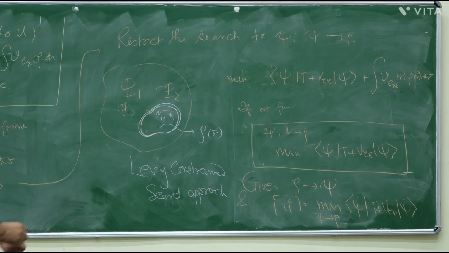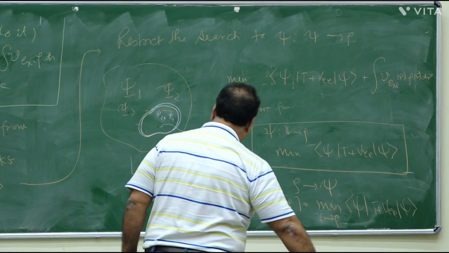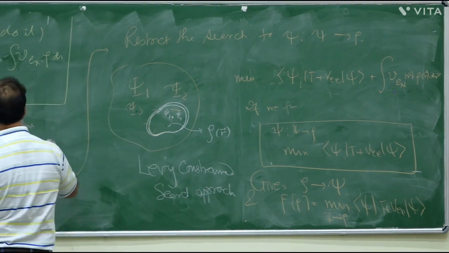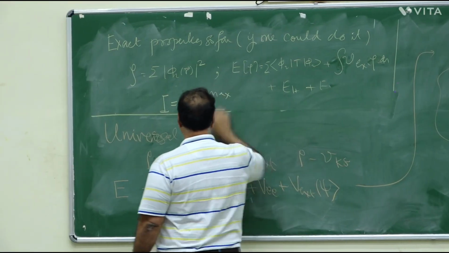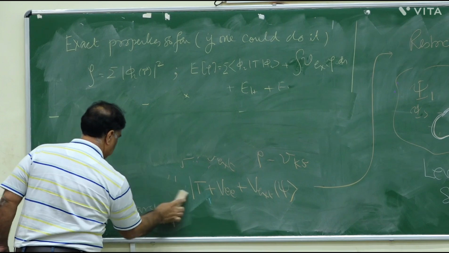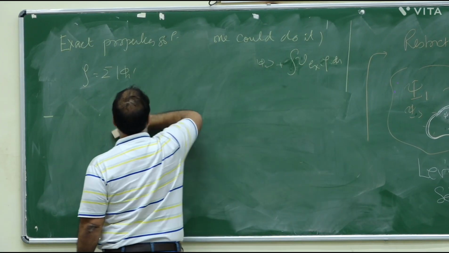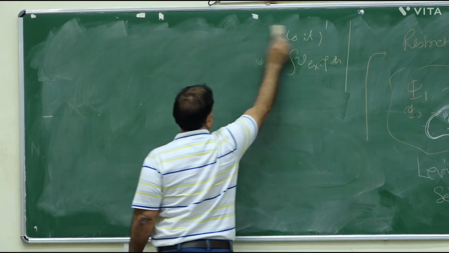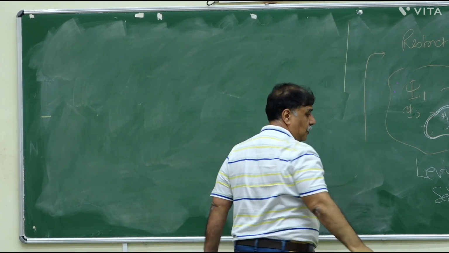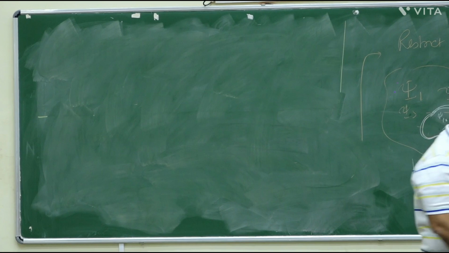Not only that, I can also find a Kohn-Sham system through it. How do we do that? Remember what is the Kohn-Sham system? Kohn-Sham system is a non-interacting system.